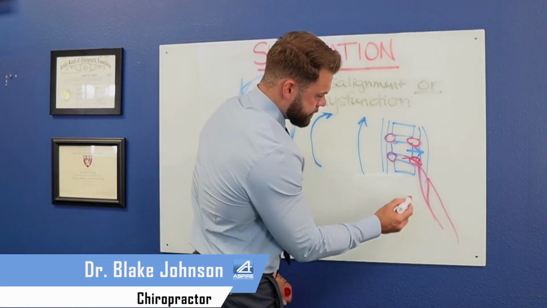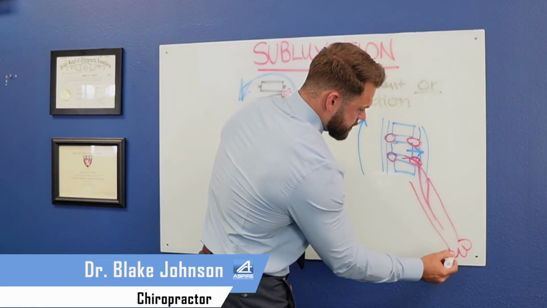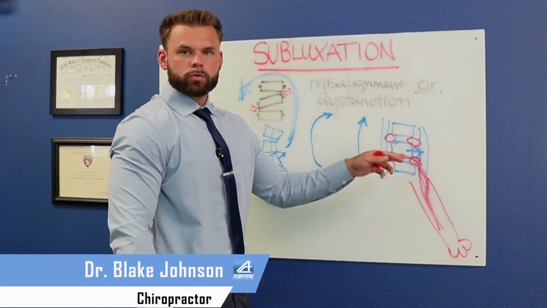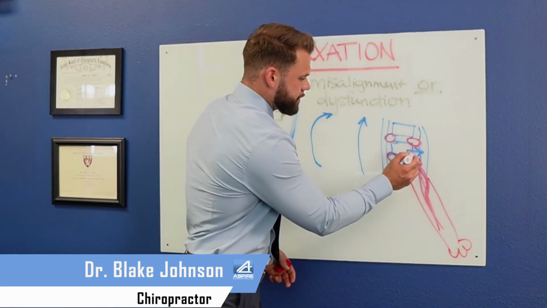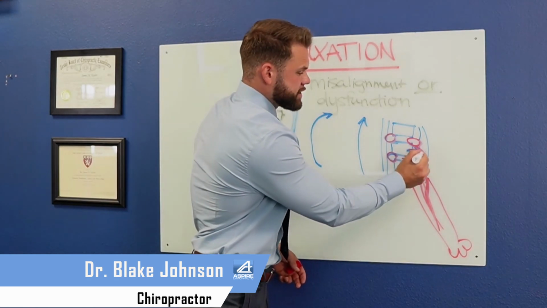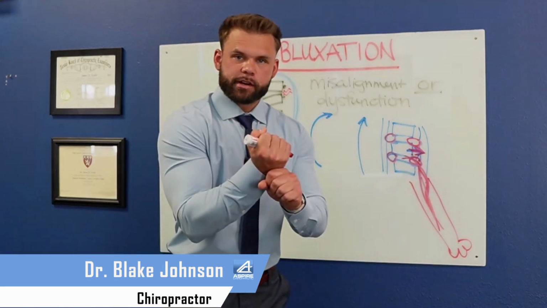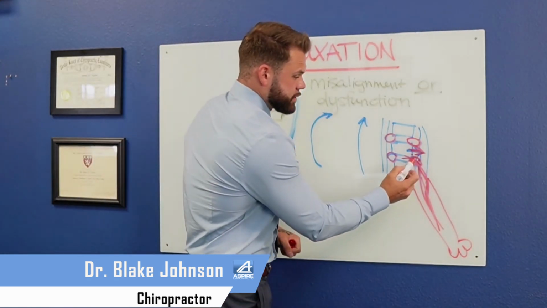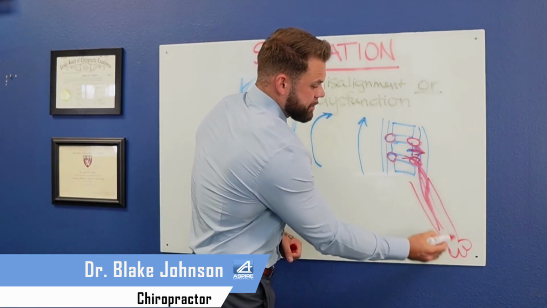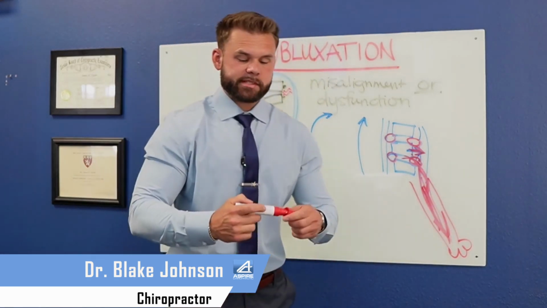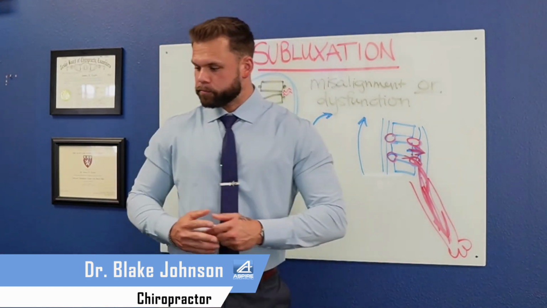This is your arm going down. If this nerve comes out of this hole, what's going to happen if this vertebrae is not where it's supposed to be and it's rotated this way? It's going to pinch those nerves or put pressure on those nerves. That's going to squeeze them, and it's going to cause this numbness and tingling going all the way down the arm or the leg. Same exact thing if it happens in the low back.